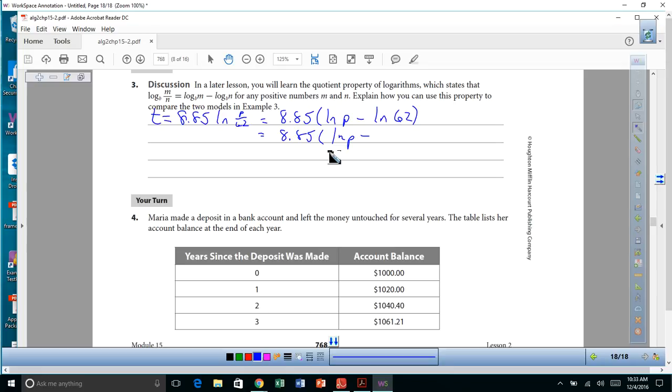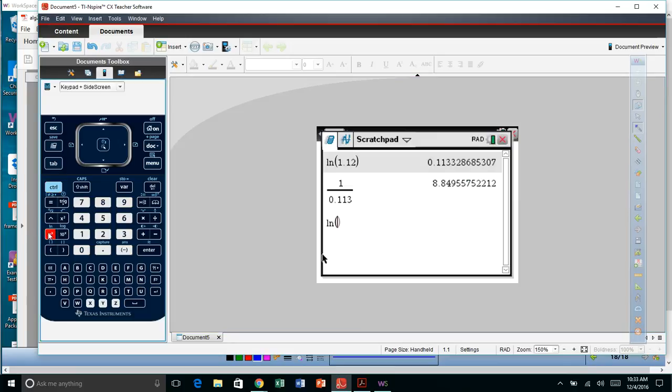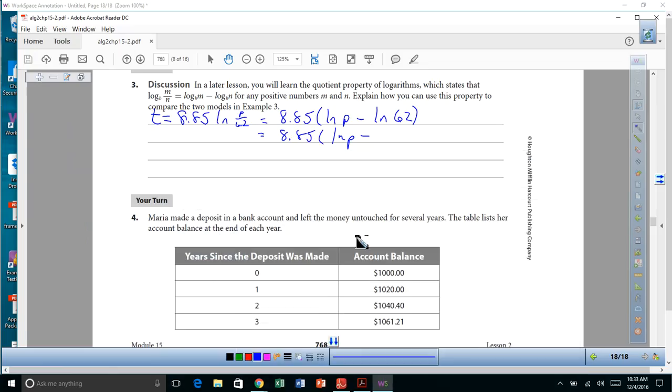What's natural log of 62? Natural log of 62 is 4.127.